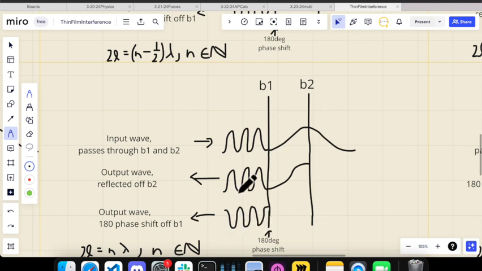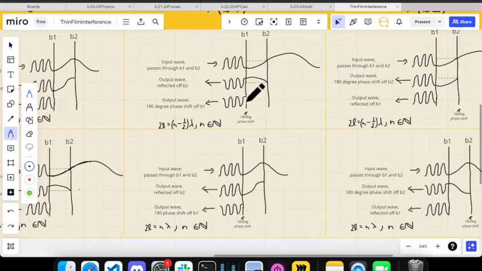If we look at the reflection off the second boundary, it's going to come back going down and to the right, and when we do a down to the left here, it matches up nicely to become a 180-degree phase shift of the wave that we initially started with. That's exactly what happened here.